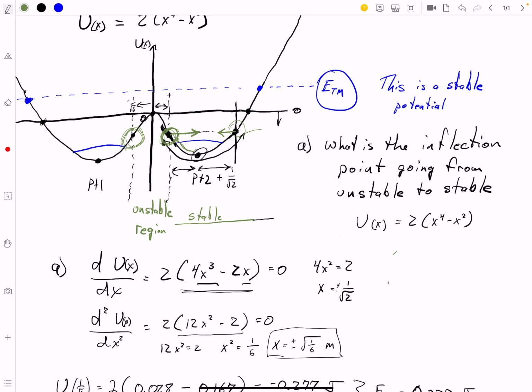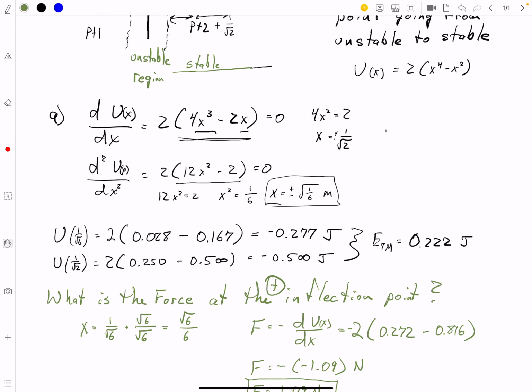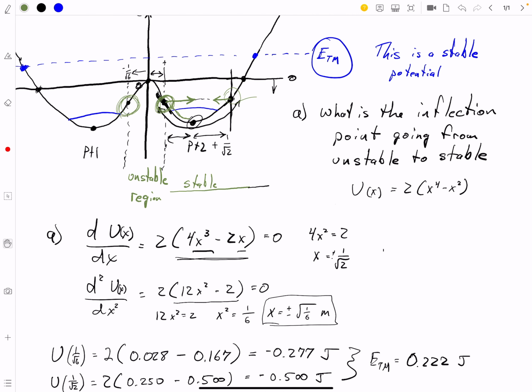You know what? I'm not going to figure out what that point is, but it doesn't matter. We can choose anything larger than 1 over the square root of 2. So square root of 2, 1 over that, 0.707 happens to be the sine of 45 degrees. Okay.